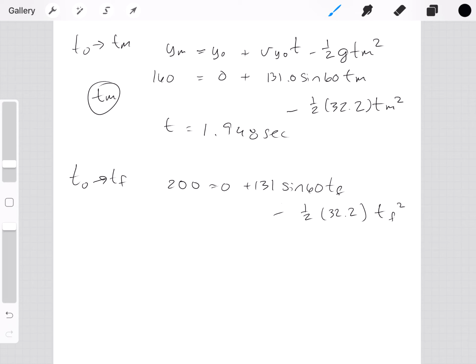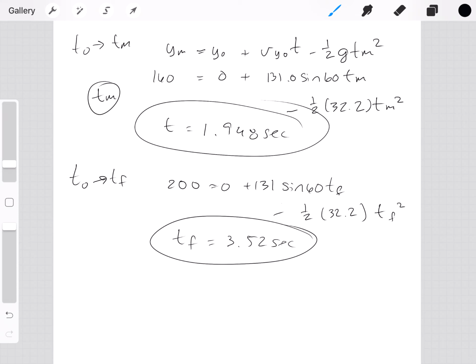So the only difference between these two values is the f instead of the m, and because of that we're using the different y values. And t final equals 3.52 seconds. So now we solve for the time at both of those positions, which is helpful because when you move on and you look for the change in y, you have the change in v, you have the change in time, and now you're looking for the change in L.